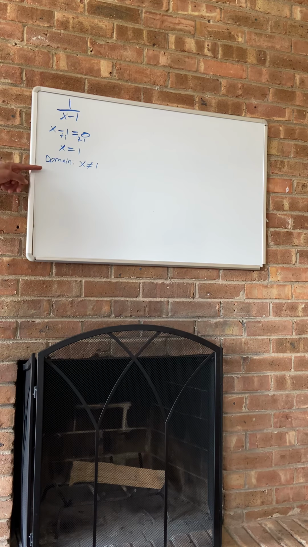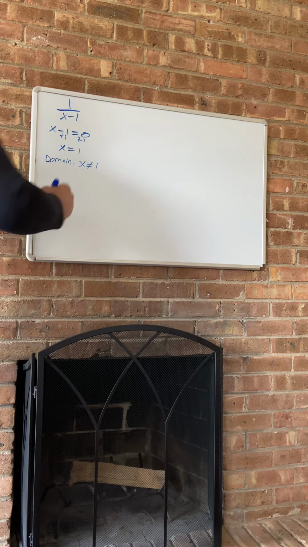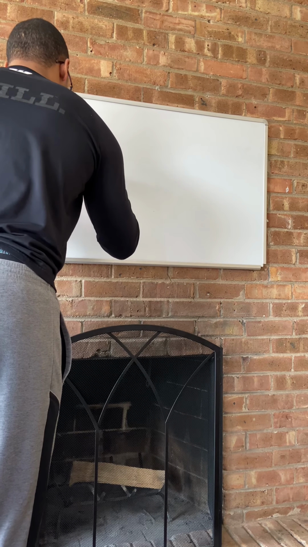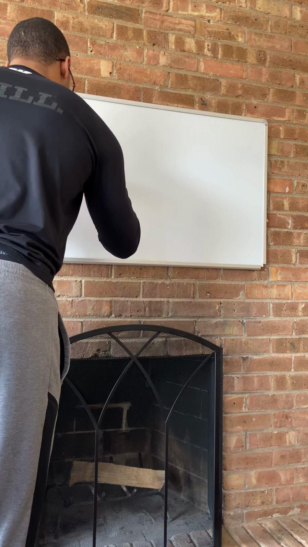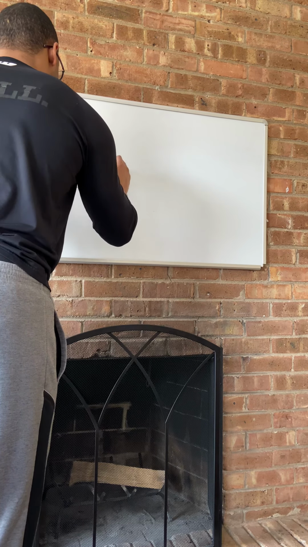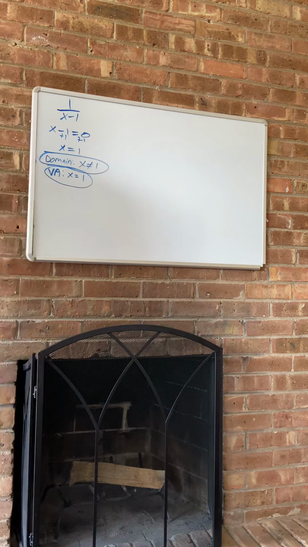We found our vertical asymptote the same way we found our domain. So our vertical asymptote is at positive 1. Next thing to do is find our horizontal asymptote. Now we pay attention to our degrees.